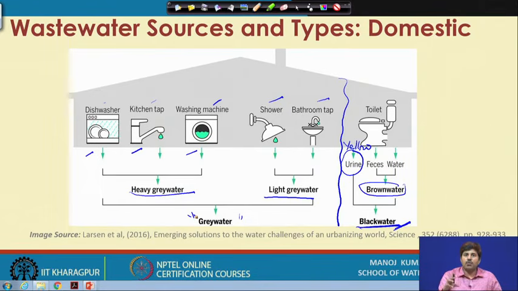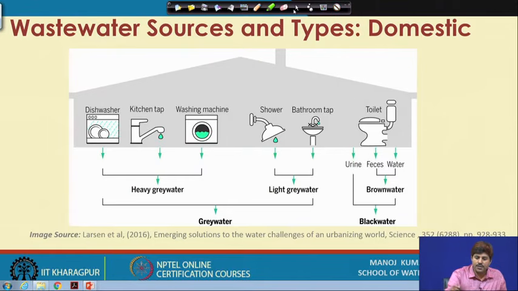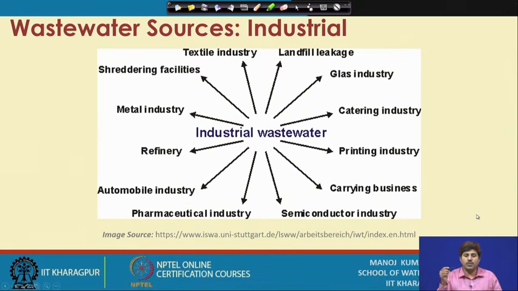That way the load of pollution in terms of organics, or in terms of chemical or microbial impurities, is higher in the black water. So, these are the different components of water which come out of the domestic sector, or domestic wastewater.